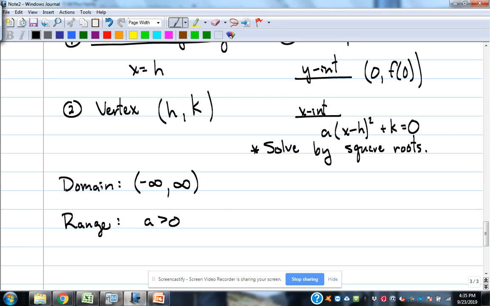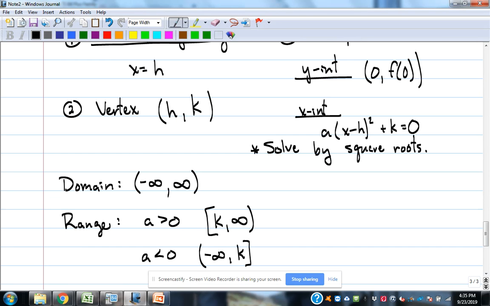So that means our lowest value is at K, and it goes to infinity. We get a little bit better here on being able to look at it and get the range because it's in vertex form. We know that vertex is either the lowest point or the highest point. If A is less than 0, a negative number, then it goes from negative infinity up to K. Depending on what A is, that's what the range does.